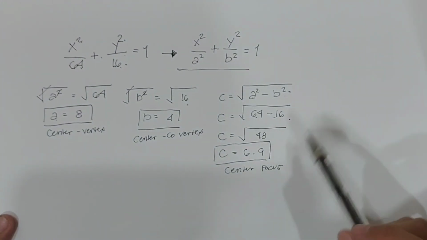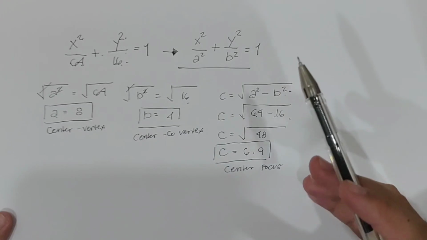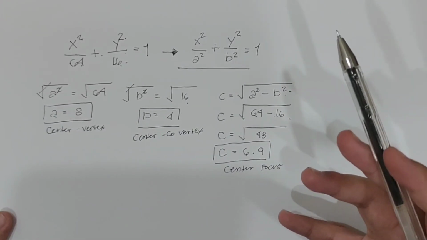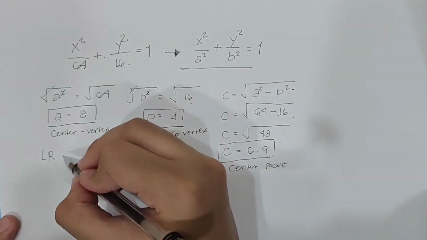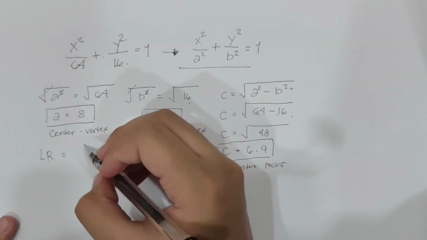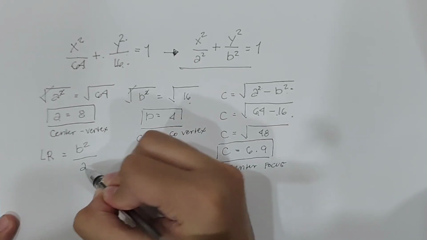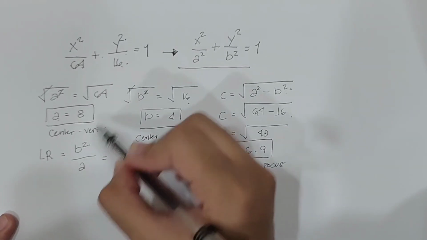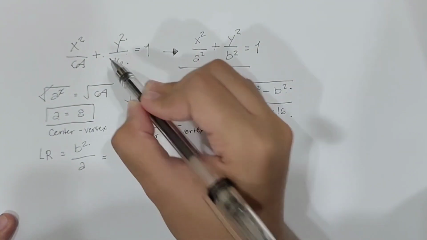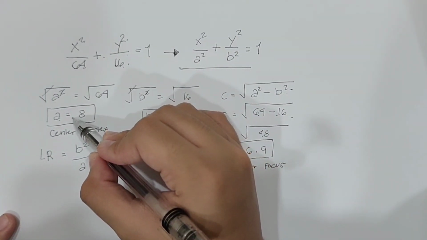Now that we finished solving this, we're going to find our latus rectum. The formula of our latus rectum is b squared over a. Since it's looking for b squared, we're going to get 16. And since it's looking for a, not a squared, we're going to get a equals 8.